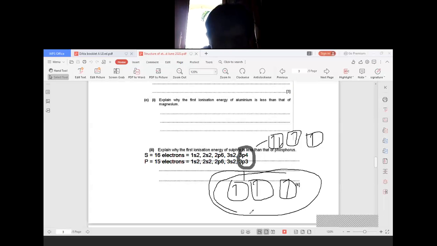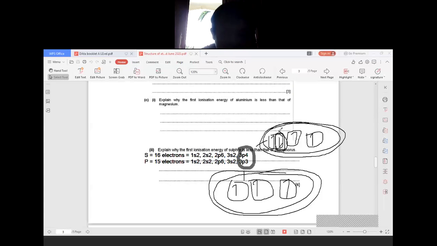Electrons in phosphorus: each orbital contains only 1 electron, and they have the same spinning direction, clockwise. In sulfur, there is an electron that has a different spinning direction from the other 3 electrons.